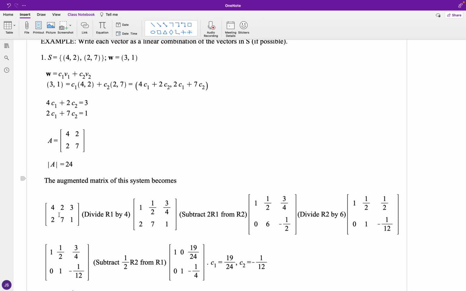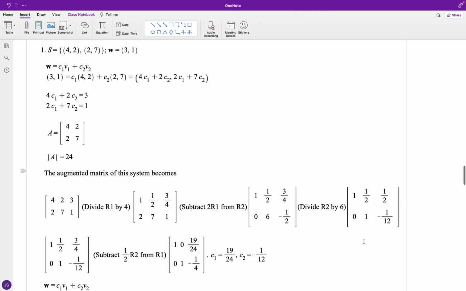Going through the process, I divide the first row by 4, so we have at the top 1, 1/2, 3/4, and then subtract twice the first row from the second row. So 2, 7, 1 becomes 0, 6, negative 1/2. Then I divide the second row by 6, changing 0, 6, negative 1/2 to 0, 1, negative 1/12.